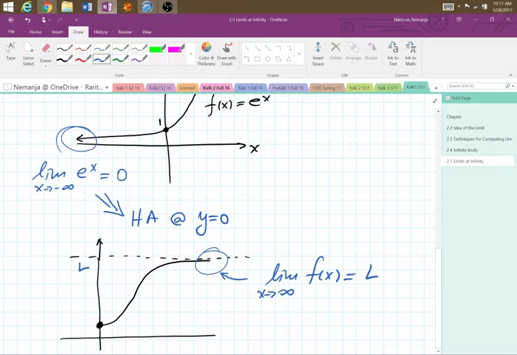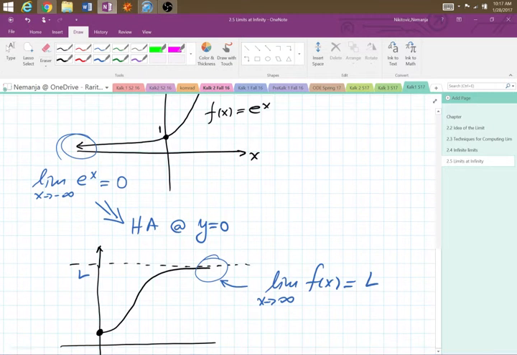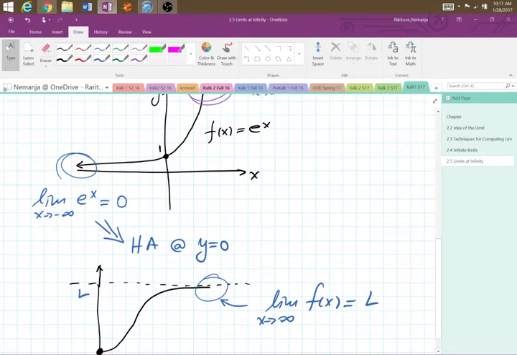So if we compare these two problems, we see that for e to the x, we are getting end behavior because y is going to shoot to infinity. And over here, y is going to try and settle at the L value. So that's the difference between the end behavior and the horizontal asymptote.